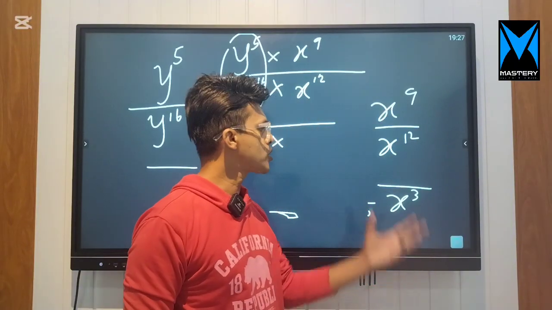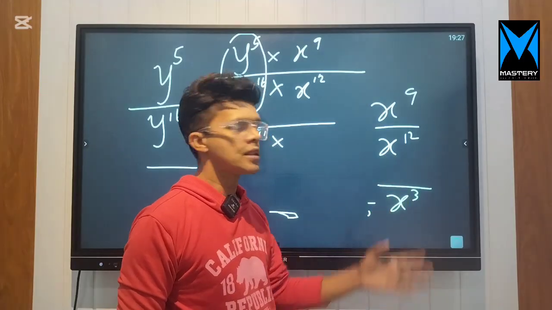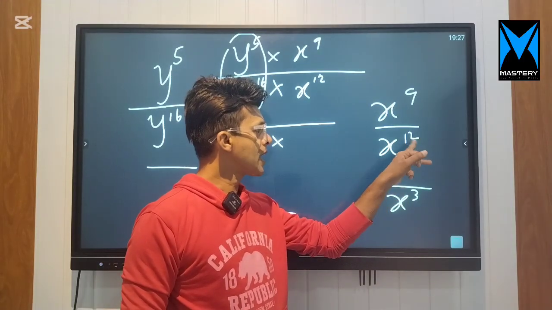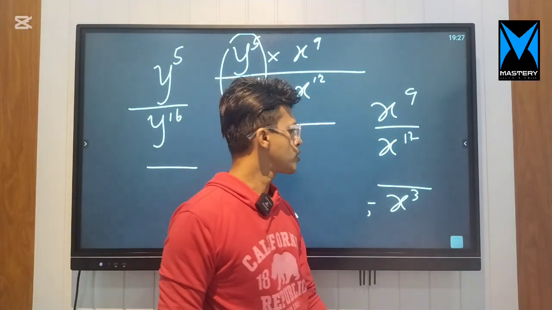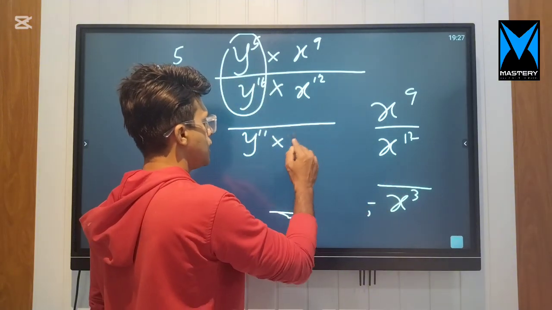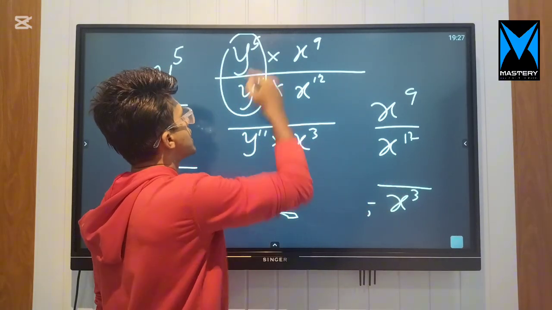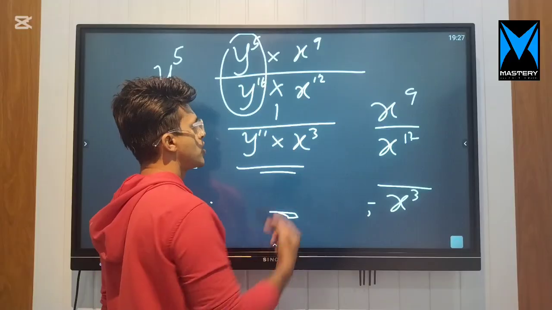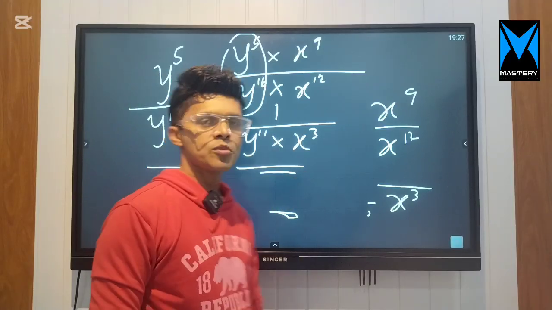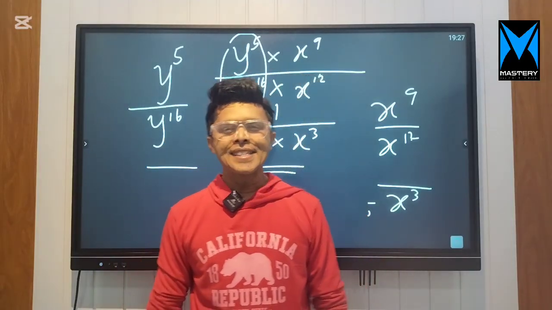X to the power 3 is also written in the denominator, because 12 is greater than 9. Don't forget, in the numerator you need to write 1. So the answer is this one. Okay, thanks a lot.